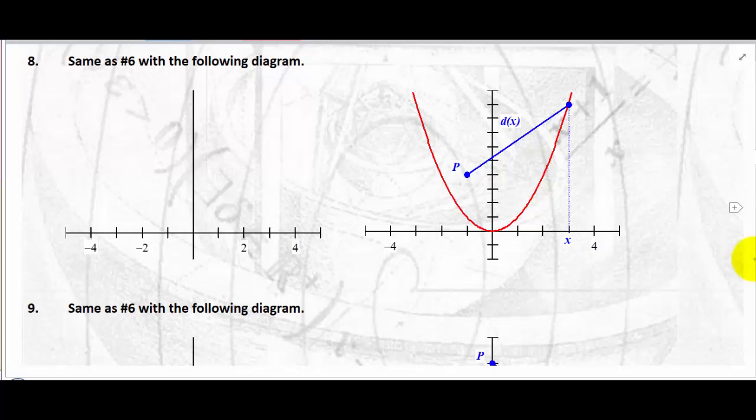So in number 8, my point is inside the parabola. What's gonna be the shortest distance is right here, I think, right? That's the shortest distance. So I think the x-coordinate is around -2. So around -2, I should have the shortest distance, something pretty short right here, okay, somewhere around there.